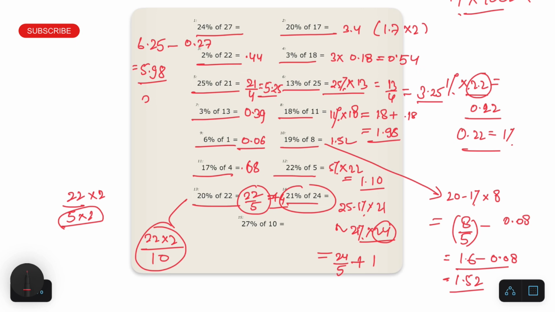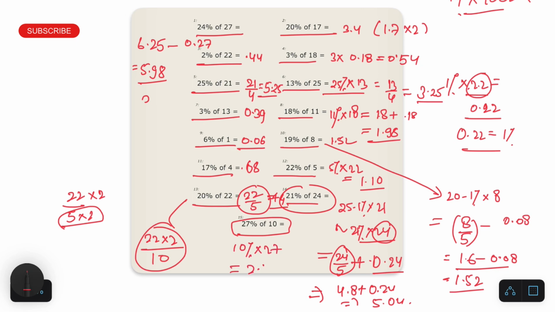What is 1%? 1% is 0.24. So again, how do we solve this? We double it, right? That's 4.8 plus 0.24. This becomes 5.04. 27% of 10 or 10% of 27, which is equal to 2.7.